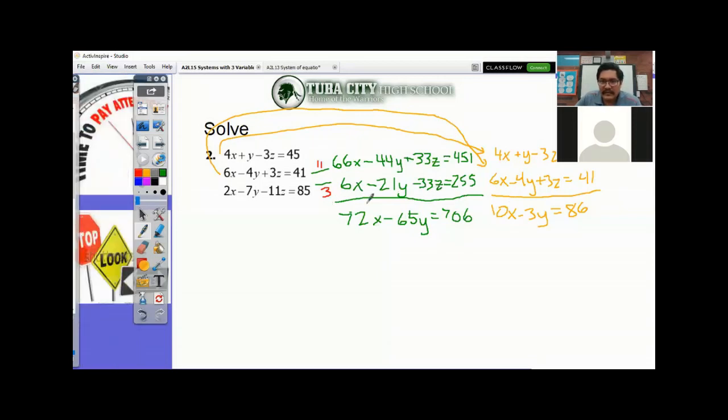So let's go ahead and multiply them together. So this one here, I'm going to multiply it by 5. Now again, you could also multiply this by 10. It'll still work out. And what will be our bottom one, you could multiply that by 36 because I need the x values to be equal.